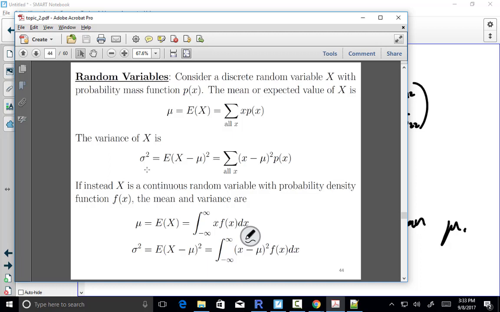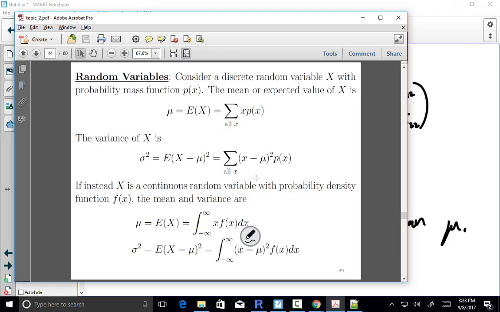The variance of x, probabilistically speaking, we call it sigma squared, and it also is just an expected value. It's a different one from the mean. It is the expected value, or the average typical value, of the squared difference between x and mu. If x tends to be very far away from mu, if a lot of the time it's way away from mu in either direction, then that squared difference is going to have lots of big values. And when you average all of them up, you'll end up with a big number overall for the variance.